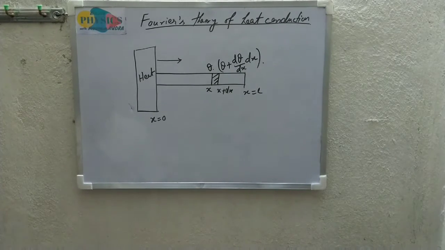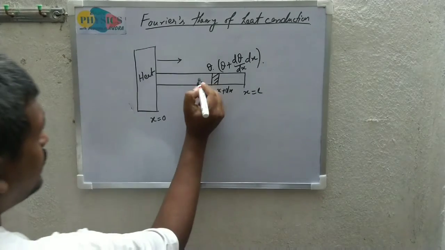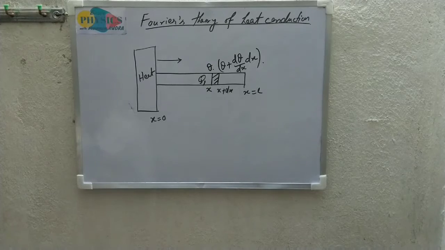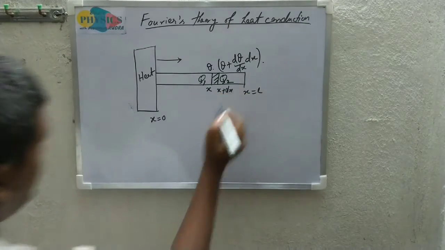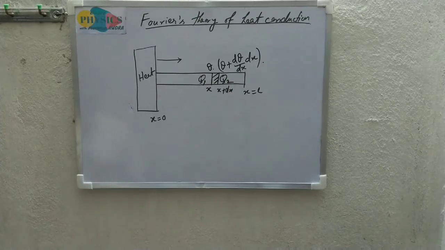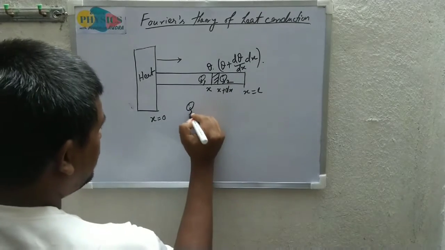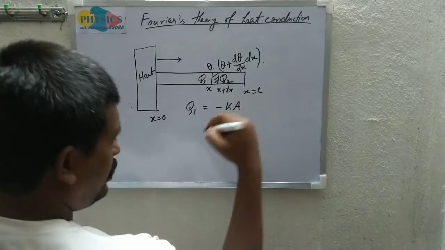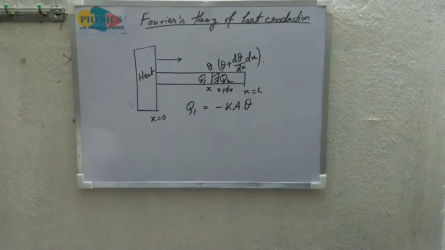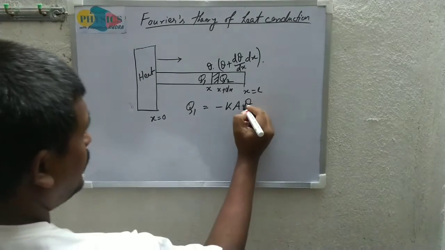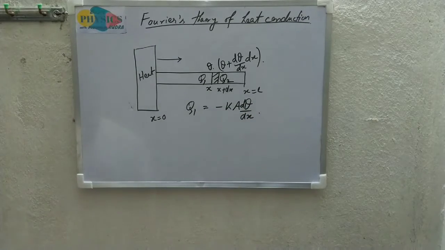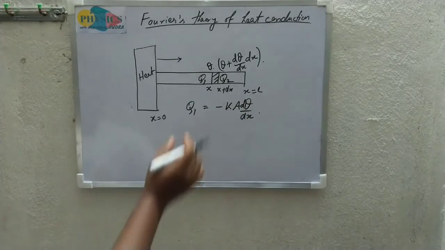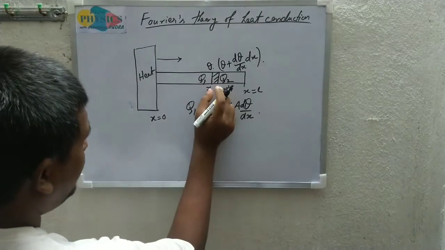Then if Q1 is the amount of heat entering the section per second, and Q2 is the amount of heat leaving the section, then Q1 equals minus K A d theta by dx, where K is the thermal conductivity and A is the cross sectional area, and dx is the length of this section.